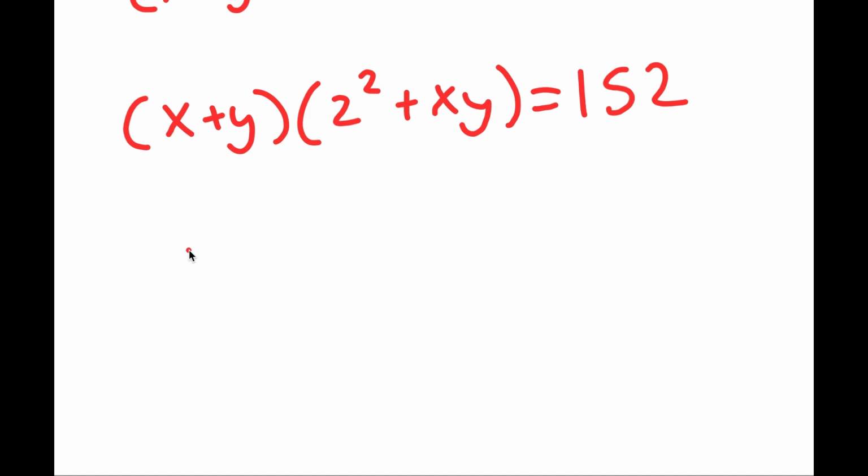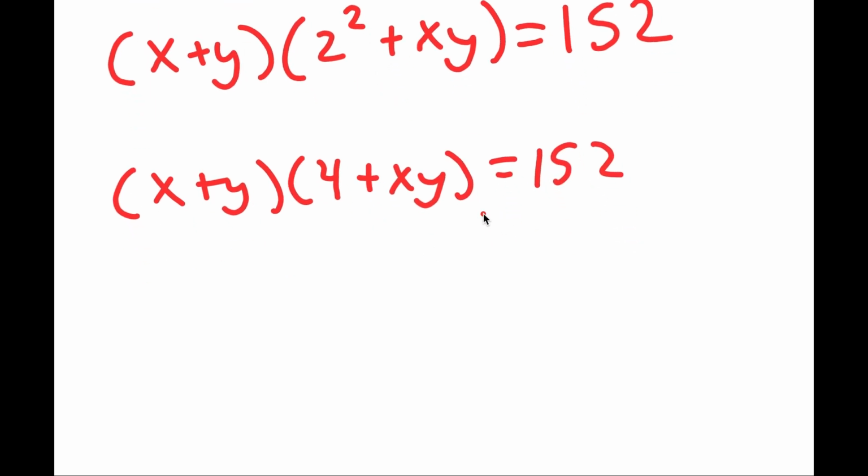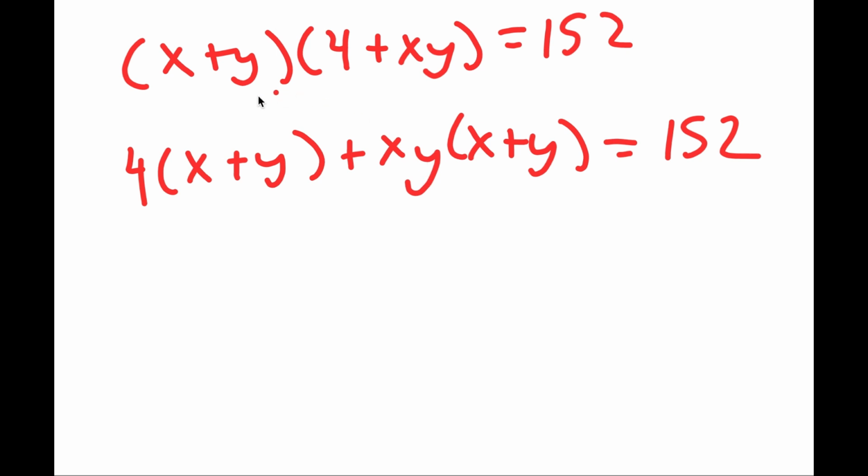And this turns into x plus y times 4 plus xy is equal to 152. Now, I can rewrite this as 4 times x plus y plus xy times x plus y is equal to 152. And if you factor out x plus y here, it turns into this. So these two are the same thing.